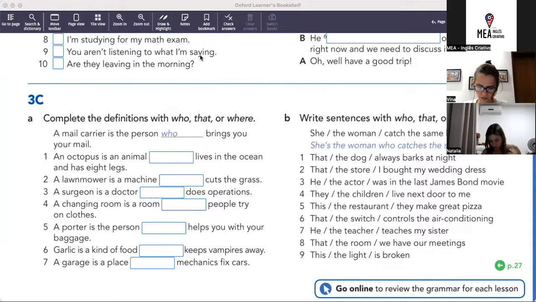A lawnmower. É cortador de grama. Então pode ser who. É who, né? Who cuts the grass. O cortador de grama é uma máquina. Ah, então é that mesmo, porque tá falando de qualquer coisa.